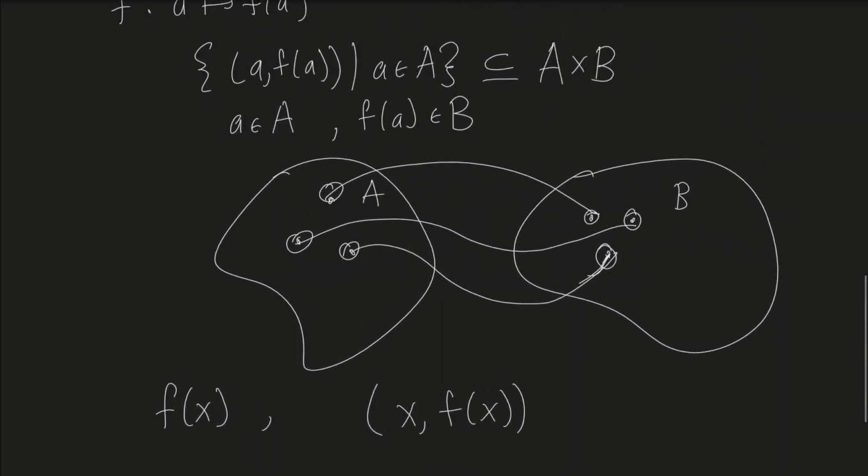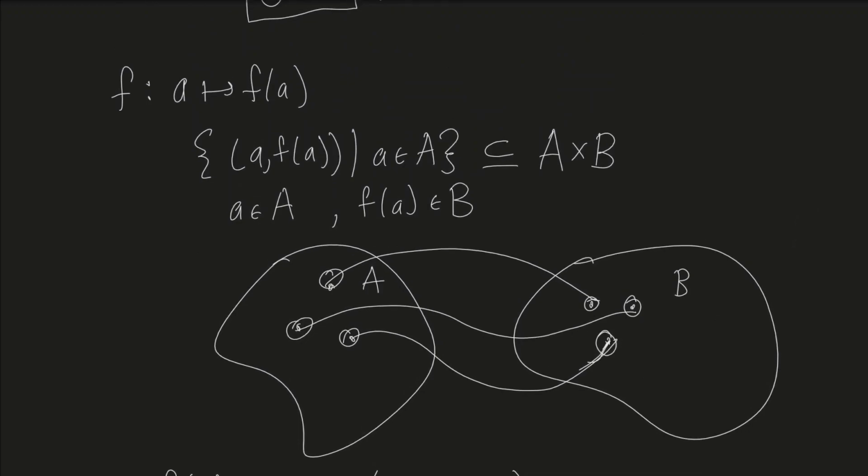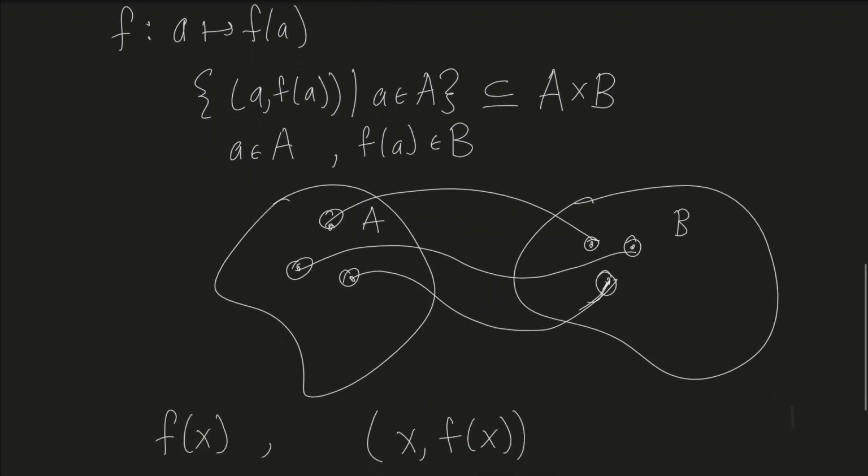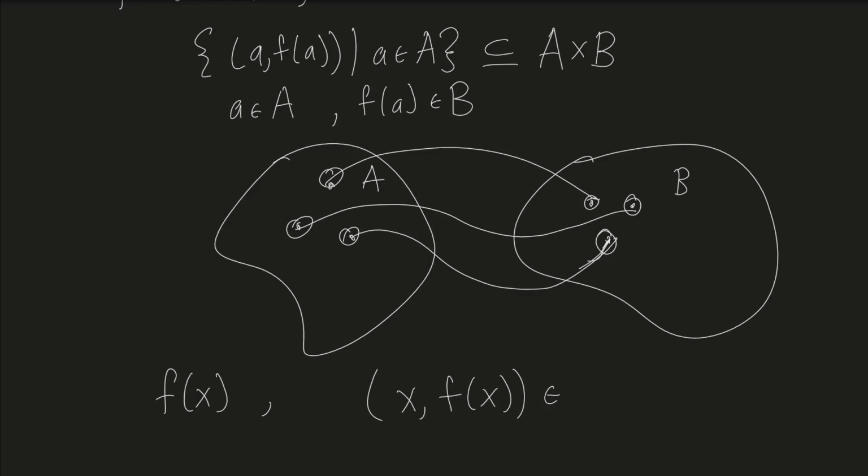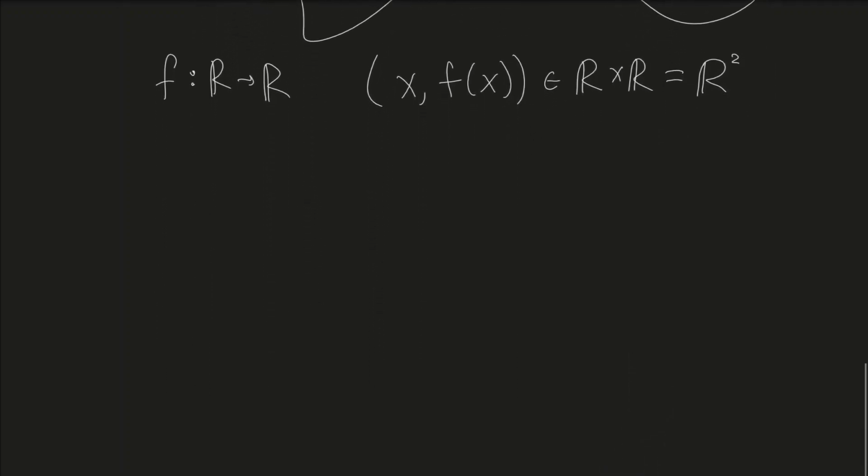Okay. And just as we said here, we're considering the set of the ordered pairs of this construction. Well, this is an element of R cross R, right? Because in our example here, f is a function from the reals to the reals. So A cross B is R cross R, which is equal to R2. We know R2 is this 2D plane. So that means we can plot these ordered pairs in the plane.